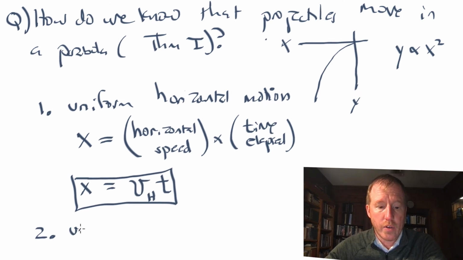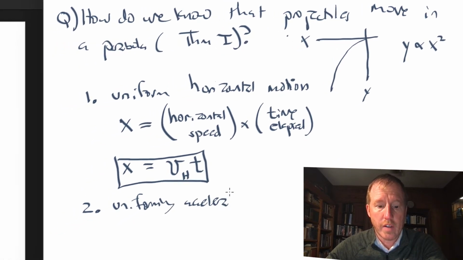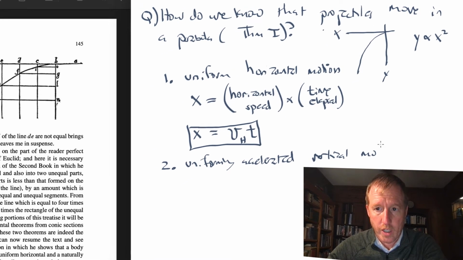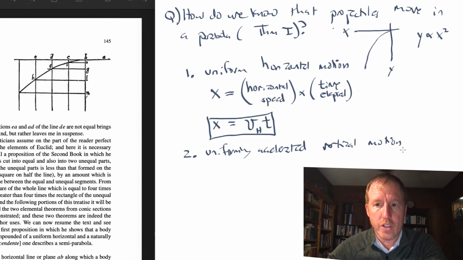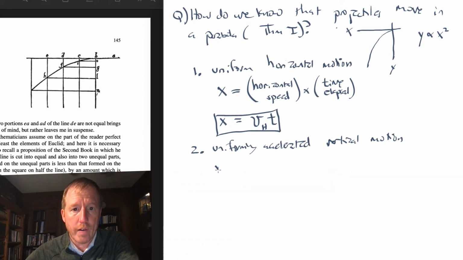Okay, what's point 2? Well, uniformly accelerated vertical motion. We talked about that back in chapter 8 as well. And this implies that in the y direction, the distance it moves is proportional to the square of the time, right?